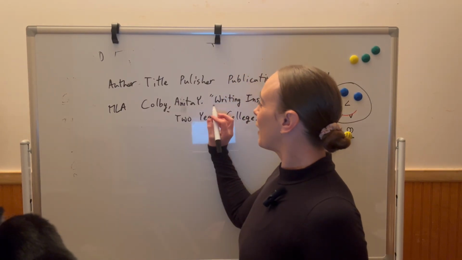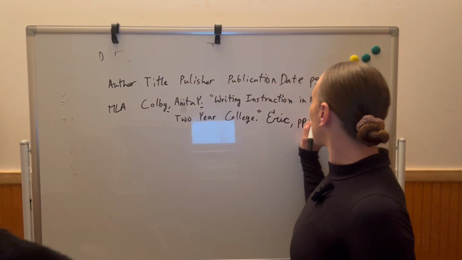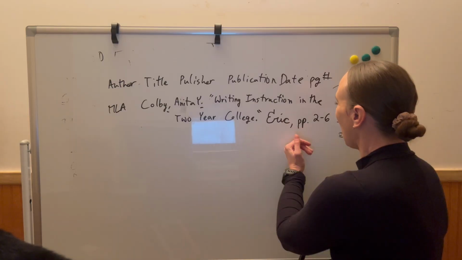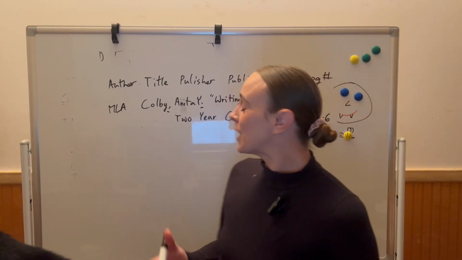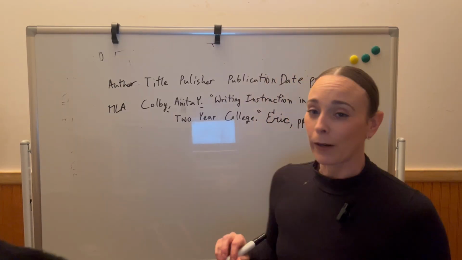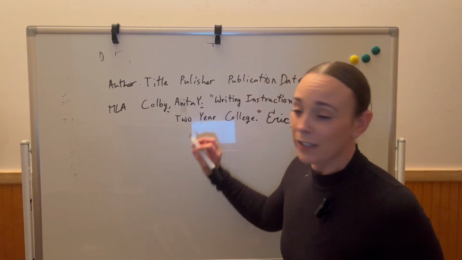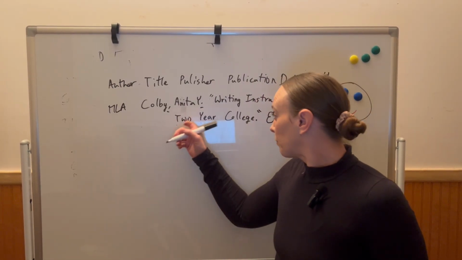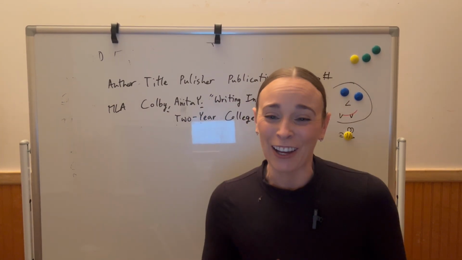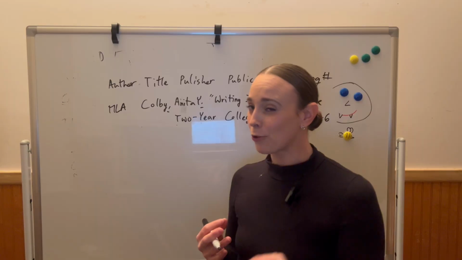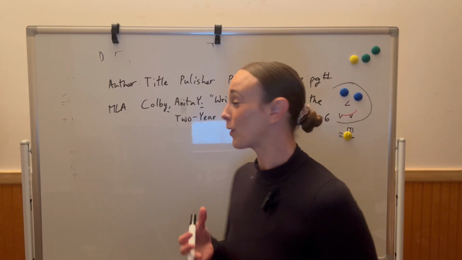Even that comma here, that period here, having those quotation marks, having the italics, having that comma, making sure you have pp. and even the page numbers, all of that is super important. Even making sure I have the capitalizations correct. I even missed something right there. So you want to make sure you are double checking and even triple checking all of your sources.